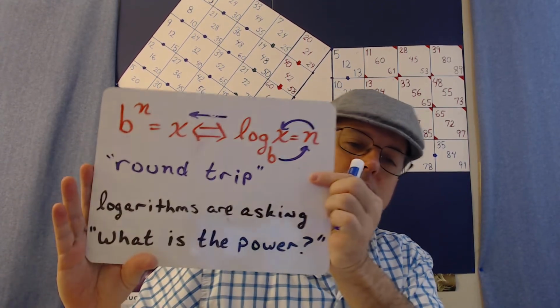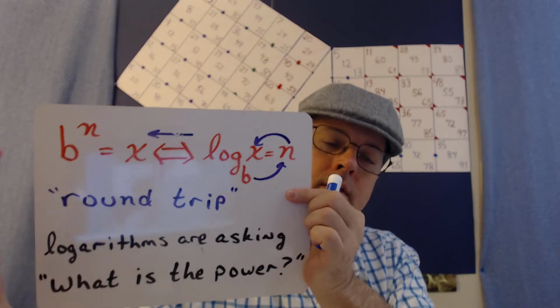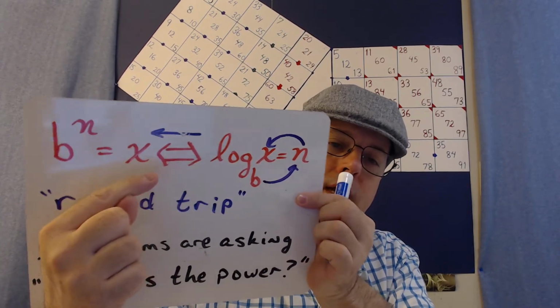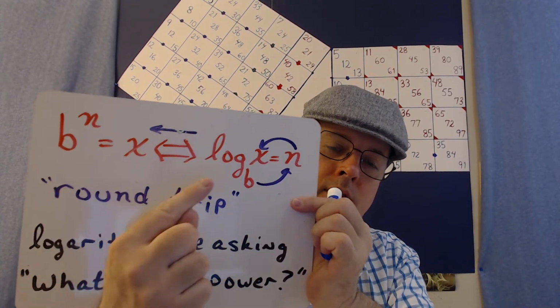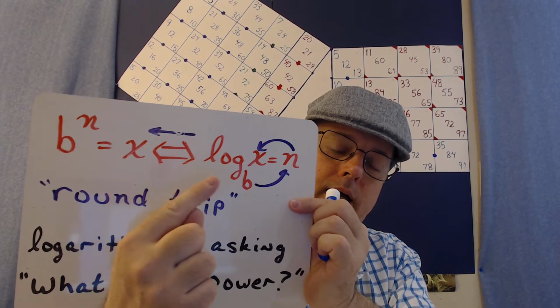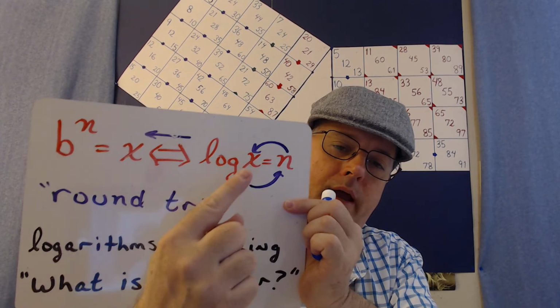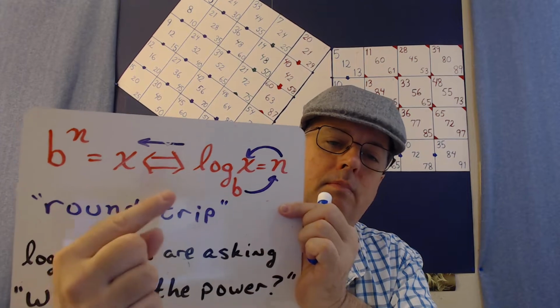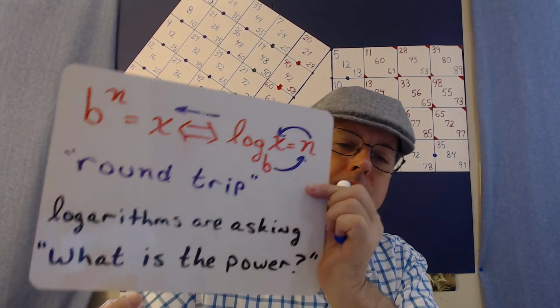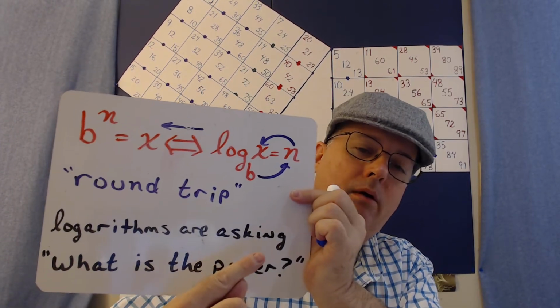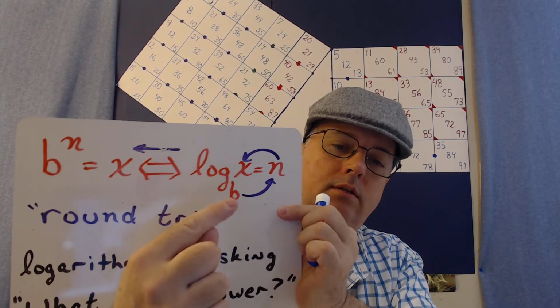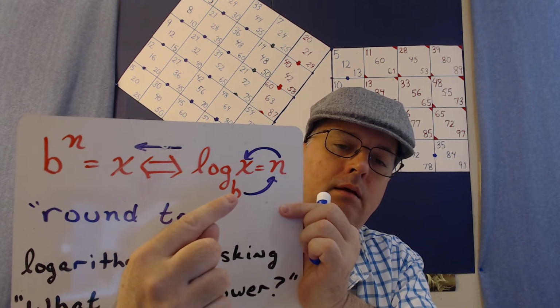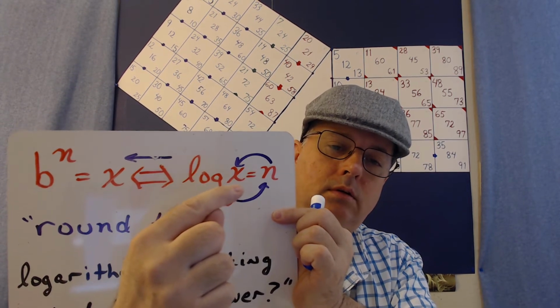Now remember our overall property of exponents and logarithms is this one, that if you have b to the n equals x, then that implies the log base b of x equals n. The logarithm is asking what is the power. So what is the power that makes b become x?